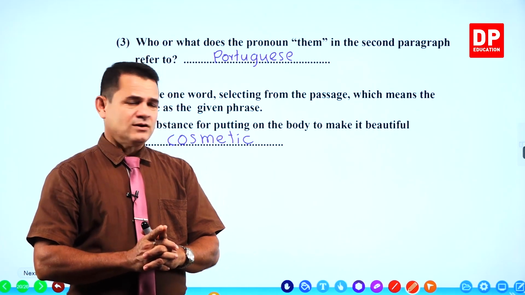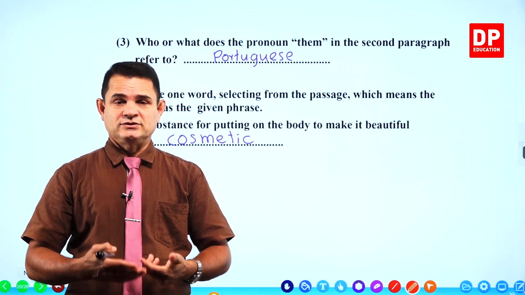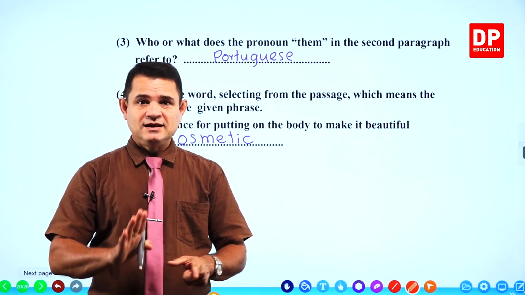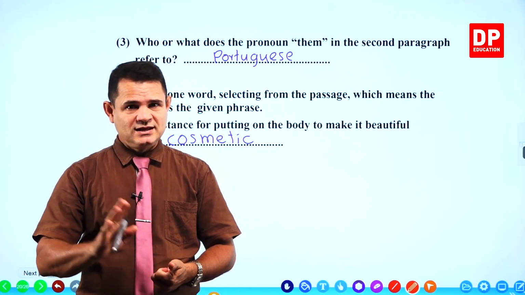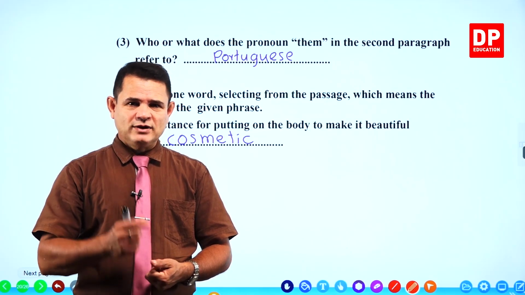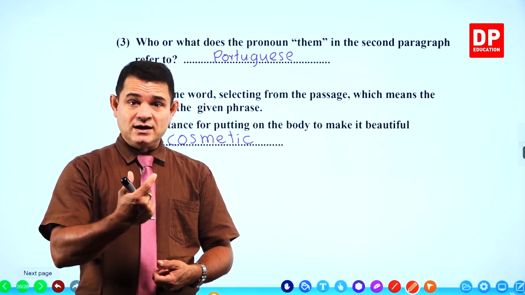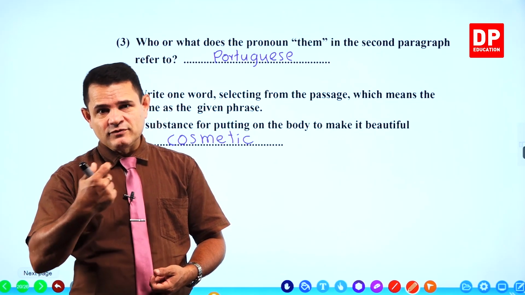But anyway, in these paragraphs, essays, stories or poems, there can definitely be new words. But don't worry about it. You can guess the meaning of those new words or unknown words with the help of the known words.